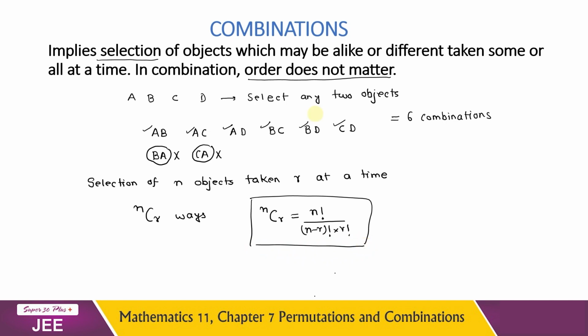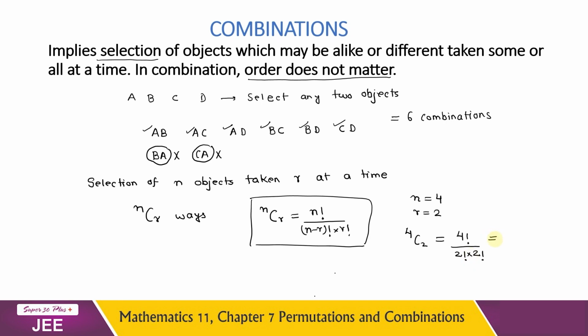So according to this illustration, how many total objects did I have? 1, 2, 3, 4. So the value of n was equal to 4. And out of these 4, I was interested in selecting any 2 objects, so the value of r becomes 2. According to the formula of nCr, we write 4C2, and upon calculation it gives us 4 factorial divided by 2 factorial into 2 factorial.